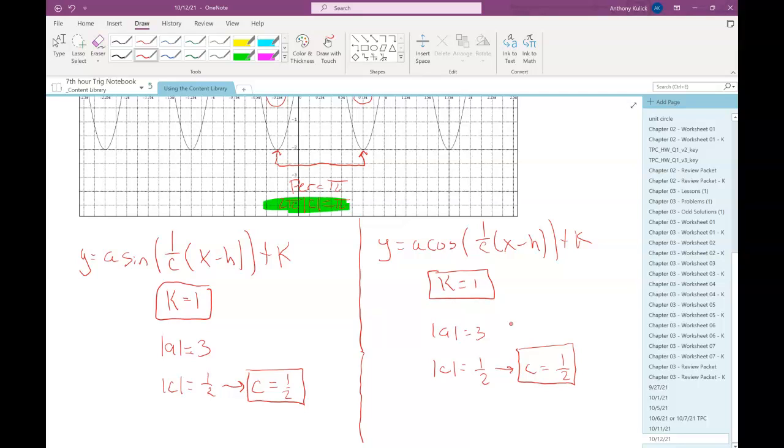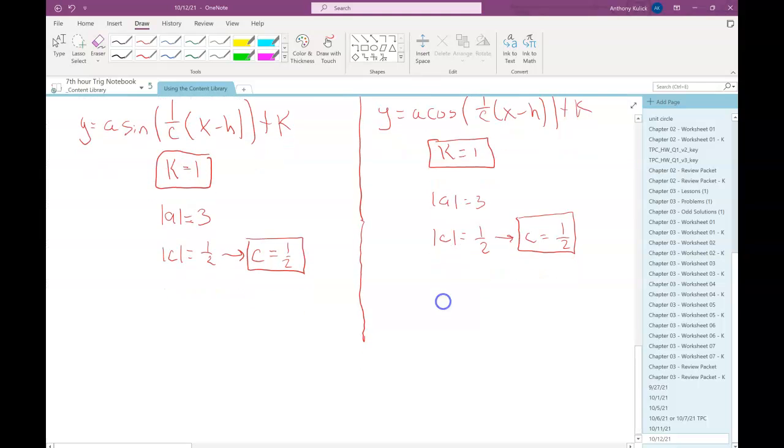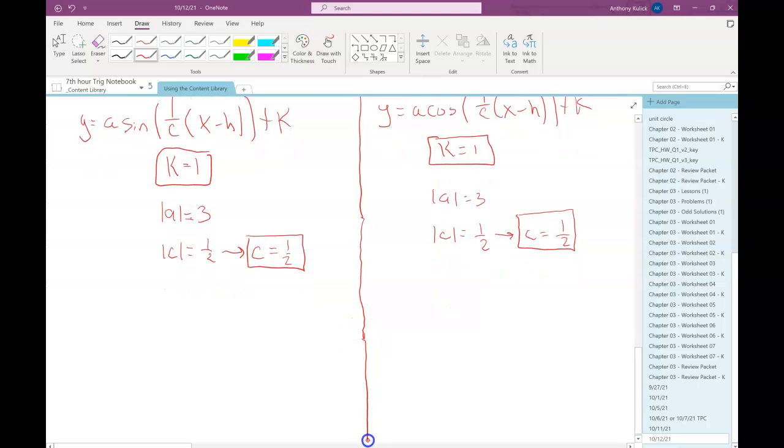All right. The last thing we're going to do is we're going to find our value for h, and figure out whether the a should be positive or negative. Okay, this is the trickiest part. So to do this, what I'm going to do is I'm going to pair up a point for my parent function with the same kind of point in my transformation.